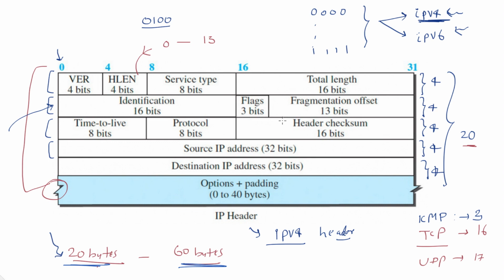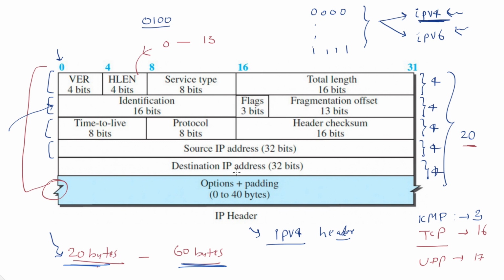Why? Because suppose the total length got corrupted, or the header length got corrupted, or TTL got corrupted, TTL became 0 or negative. Maybe the source IP or destination IP got corrupted. These are very important fields as per IP.